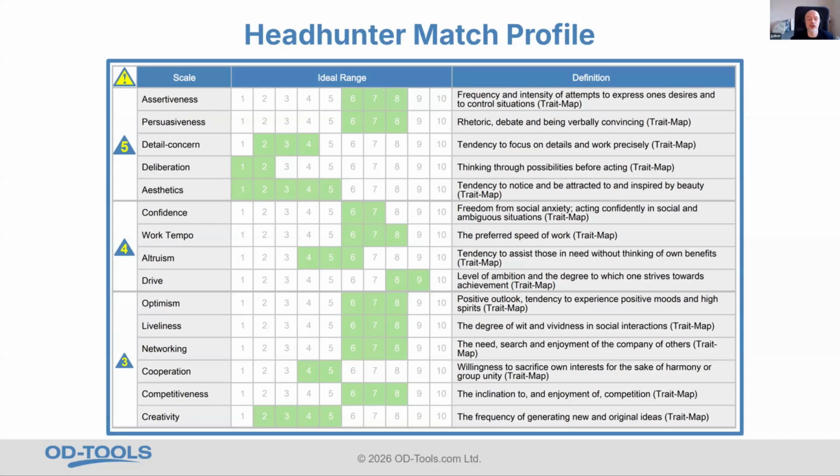Because in our system, there are some generic, so-called match profiles or competency maps. And of course, the best is to create your own competency map, because even in headhunting, in a different culture, a different type of headhunting company, different levels and so on, maybe you will need a slightly different profile.